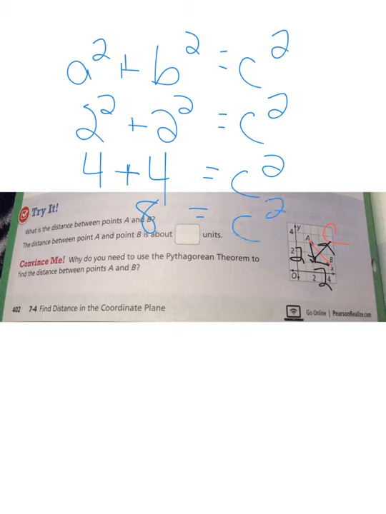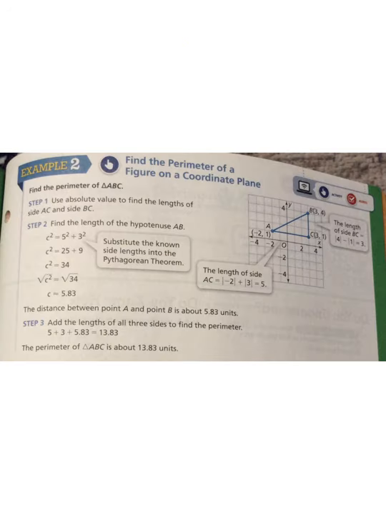Remember, the inverse of squaring a number is taking the square root. And when I take the square root of 8, I get 2.83. So it's about 2.83 units. So again, we are creating right triangles with our grid lines in order to use the Pythagorean theorem. We can only use the Pythagorean theorem if we have right triangles.